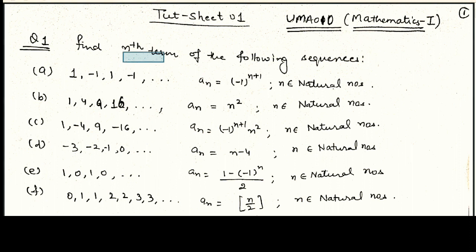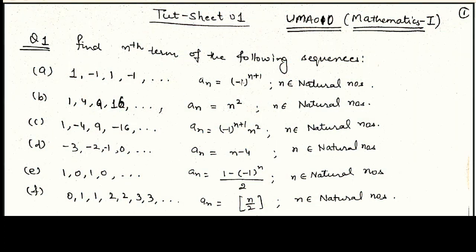where n is any natural number. Now just see, if you put n to be 1, what will you have? Your first term will be minus 1 to the power 1 plus 1, which is 2. So minus 1 whole square will be plus 1. So that is your first term, right? What is the second term when you put n to be 2?